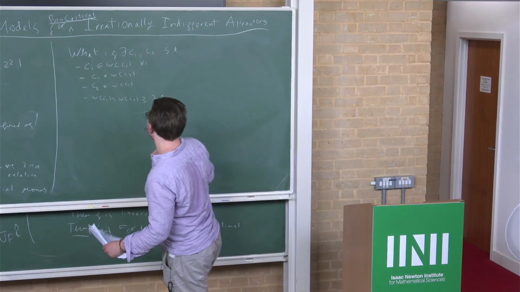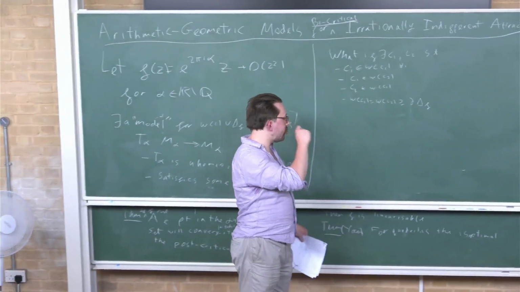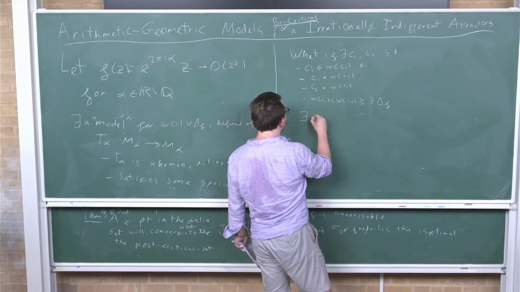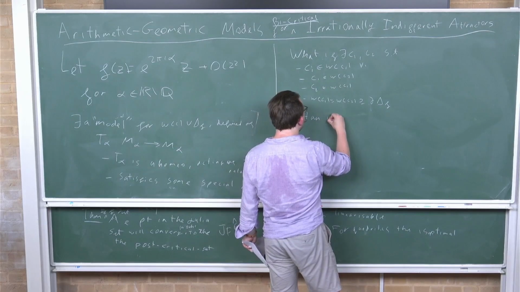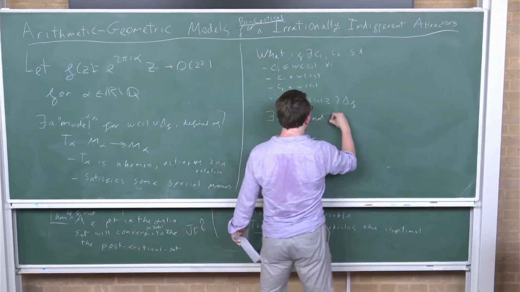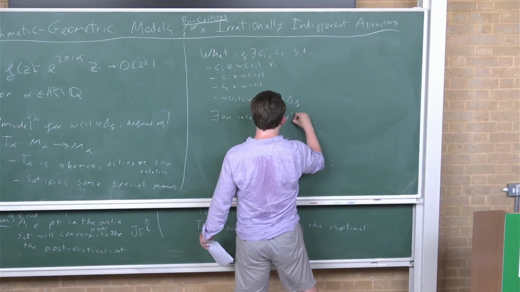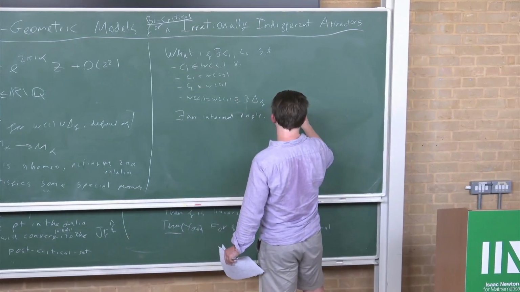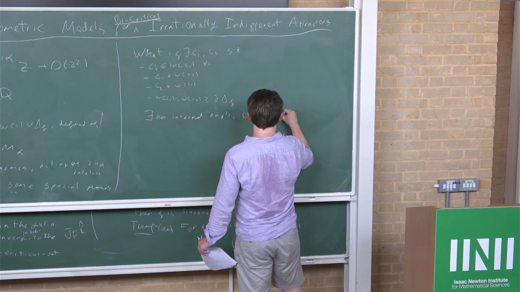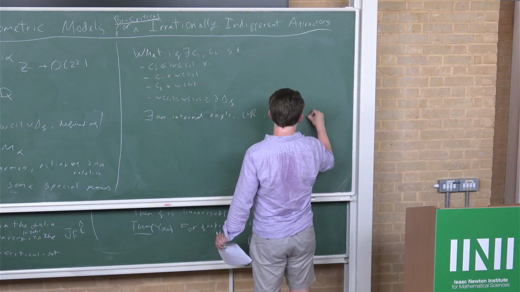And so then, in these examples, it's possible to think about what I call an internal angle. So there exists an internal angle iota, which is just a real number, it doesn't have to be irrational, between C1 and C2.